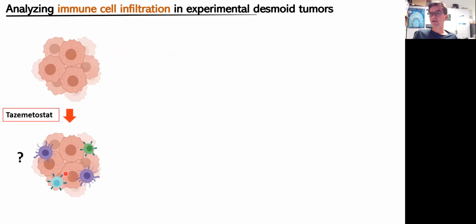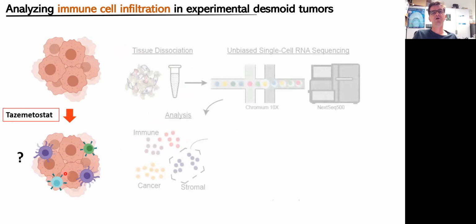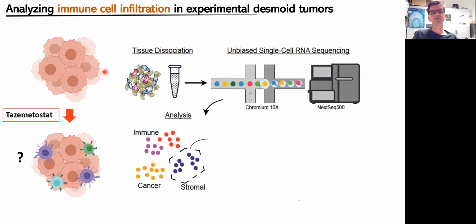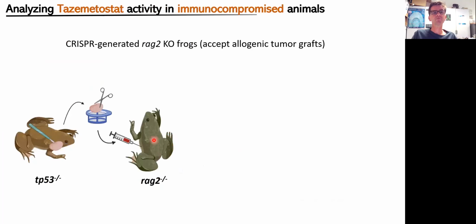However, we lack antibodies to be used in Xenopus. We can circumvent this problem by performing tissue dissociation of the tumors before and after tazemetostat treatment and subjecting these tumor cells to single-cell RNA sequencing, thereby allowing identification of subpopulations of immune cells or stromal cells in these tumors.